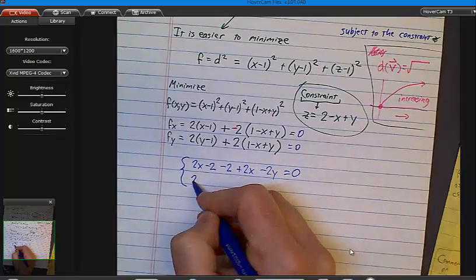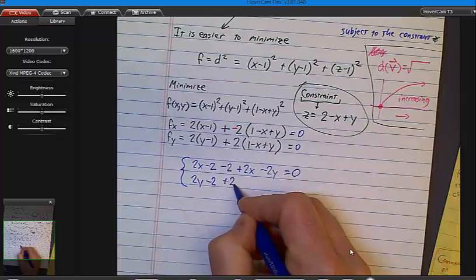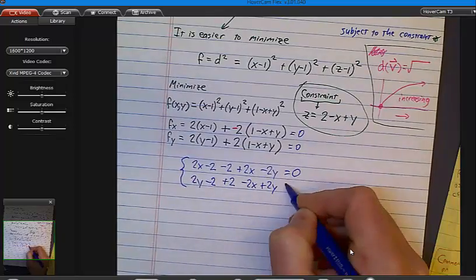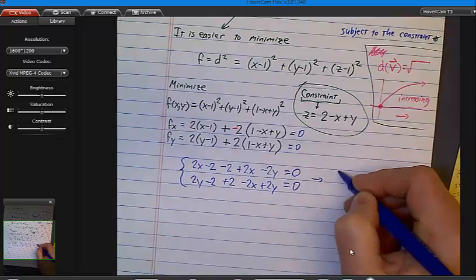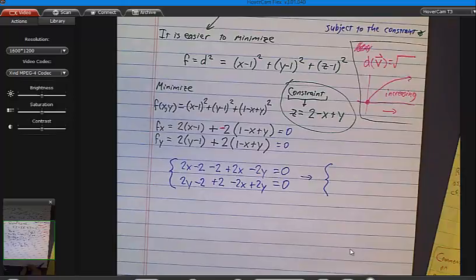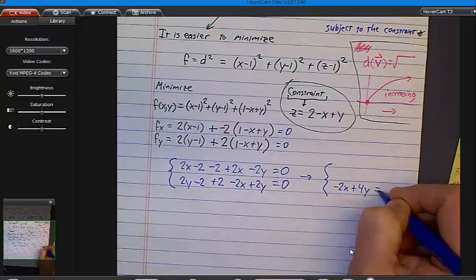I kind of tend not to talk this out. Let me just kind of work on it a little. I noticed the bottom equation is a little nicer because the 2's go away. I have negative 2x plus 4y is equal to 0.